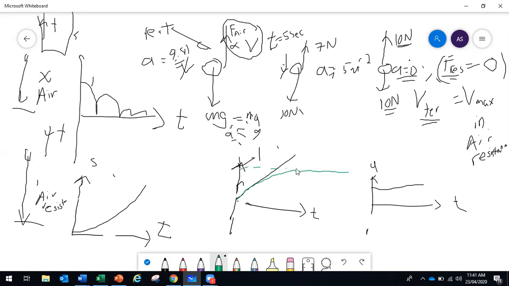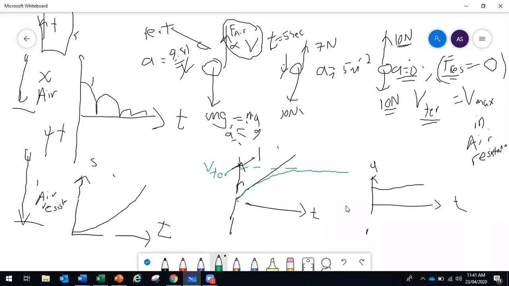This is your terminal velocity, V terminal. This is how the VT graph looks with air resistance. In the exam, they will ask with air resistance and without air resistance. Without air resistance, the VT graph is a straight line. With air resistance, the VT graph is curved until it achieves terminal velocity.